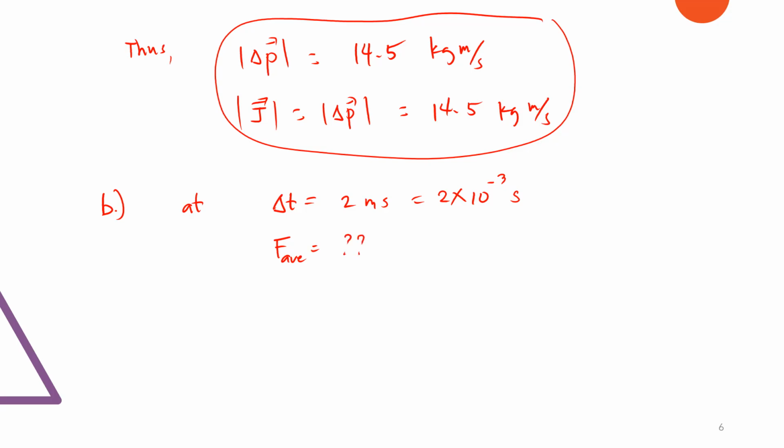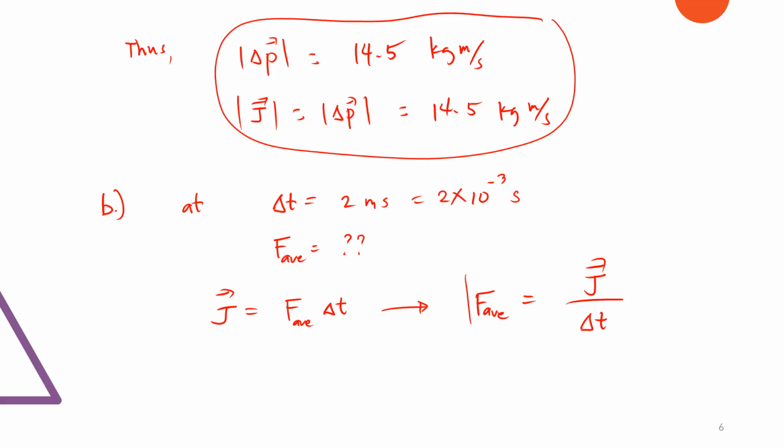Using the equation for impulse, J is equal to the average force times the collision time, delta T. From this, we can solve for the average force, which is equal to the impulse over the collision time. And we're going to solve for the magnitude of the average force.